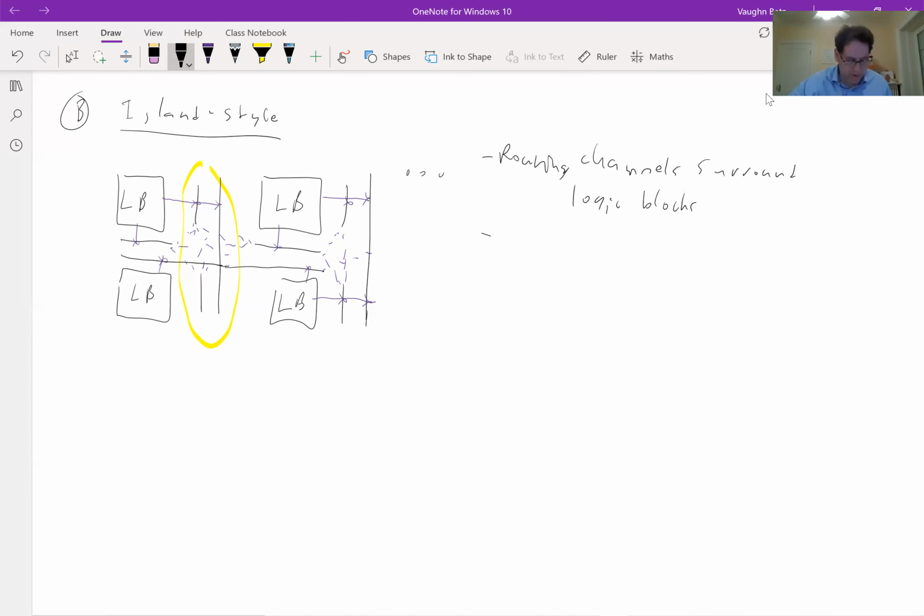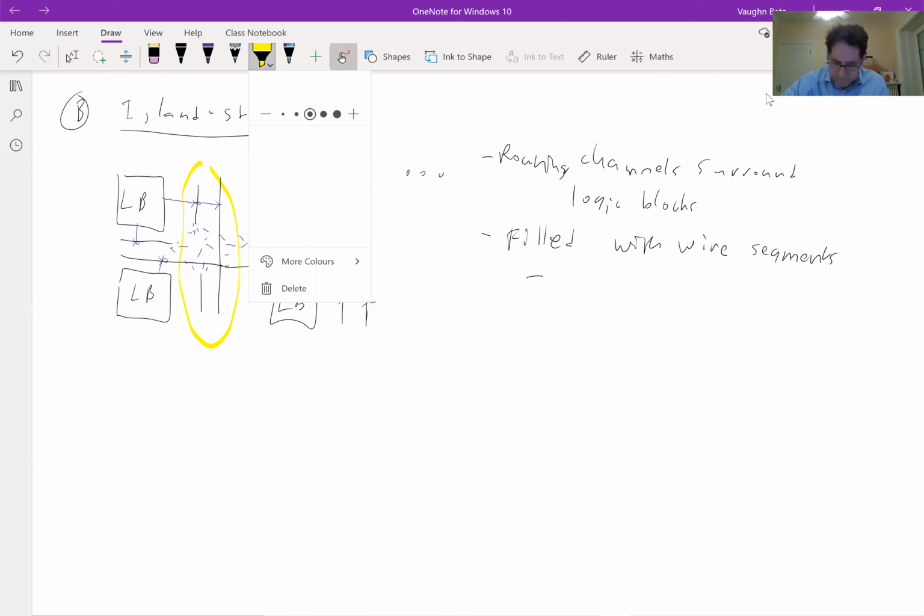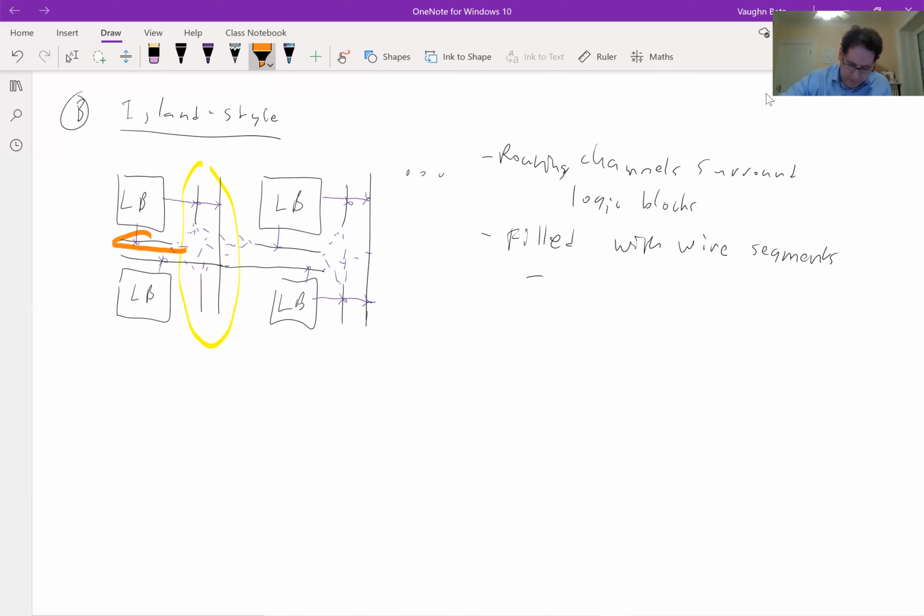Inside these routing channels, they're filled with wire segments. Everything has to be prefabricated in an FPGA. So this would be a single routing segment right there, and this would be another routing segment there.